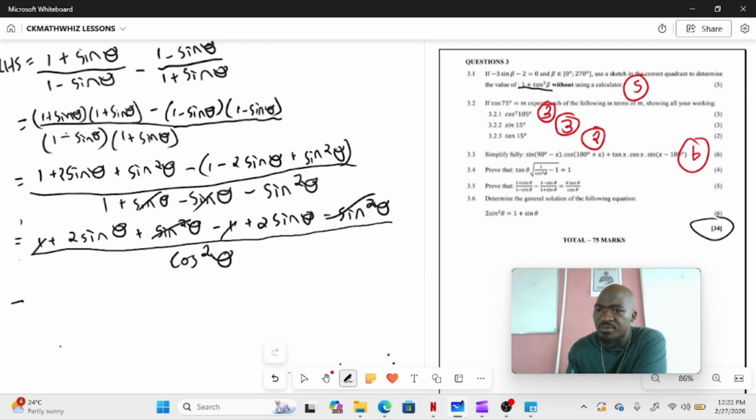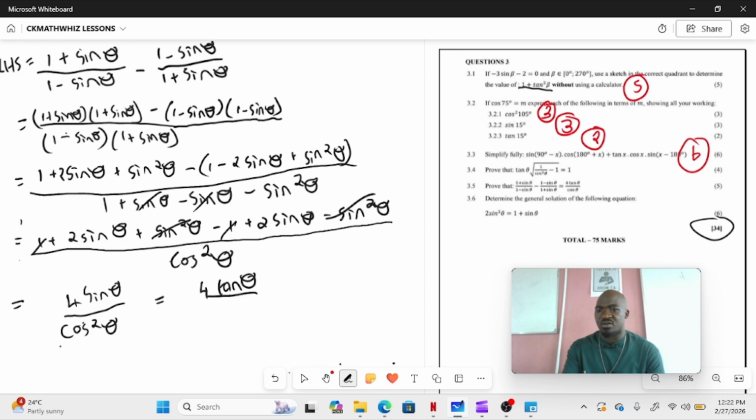Oh, I'm not seeing that properly. 2 plus 2 is 4 sine theta, which is over cos theta. This is equal to 4 tan theta over cos theta. Therefore, the left hand side is equal to our right hand side. Then we are done.